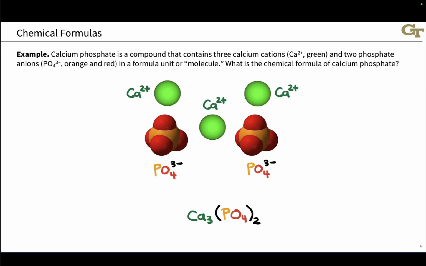This is typically done because the compound is neutral overall, and I do have -6 from the 2 PO4 3-, right? -3 times 2. And I have +6 from the 3 Ca2+, but usually when we're concerned with the neutral compound, which is a solid ionic salt, we don't care that much about the charges, since the compound as a whole is electrically neutral. So you'll see the formula written as Ca3(PO4)2, is how we would read this.